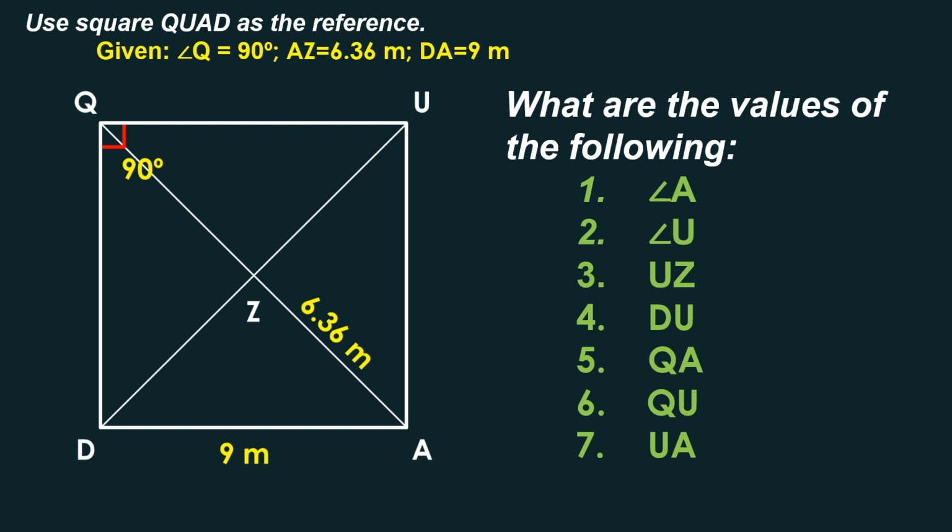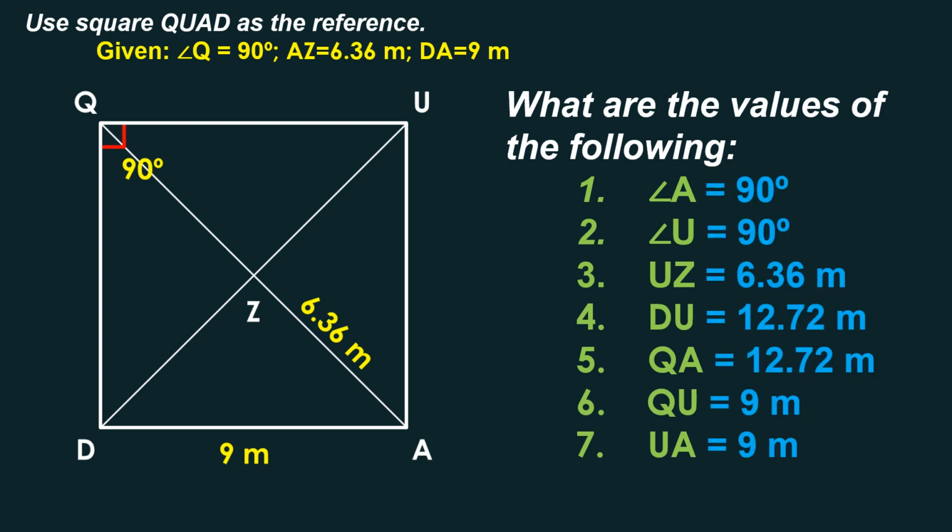Alright, let's check. We have here angle A. Angle A is 90 degrees. One of the properties of the square says that all interior angles have 90 degree measurement.